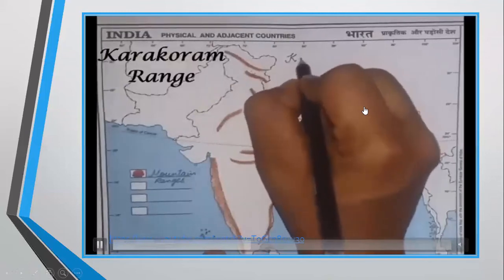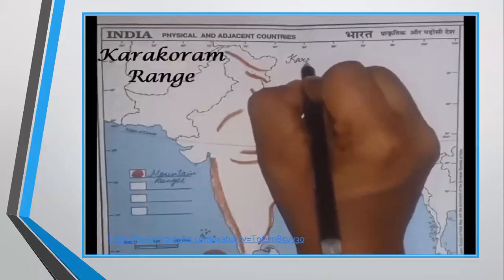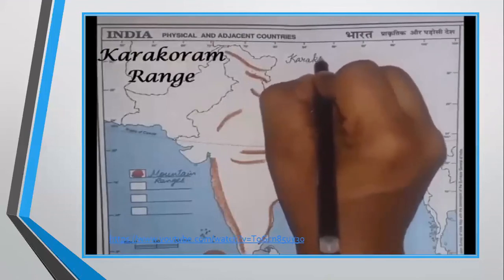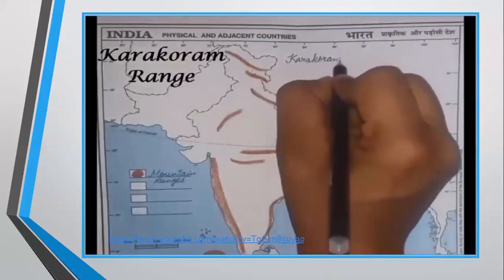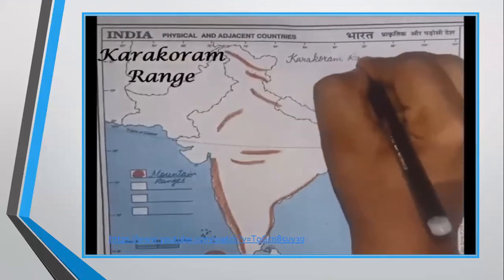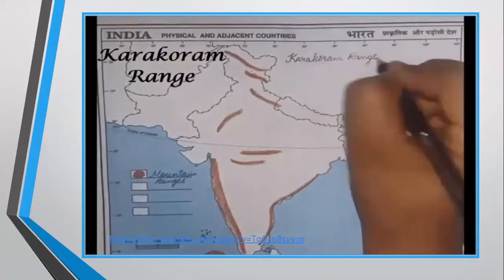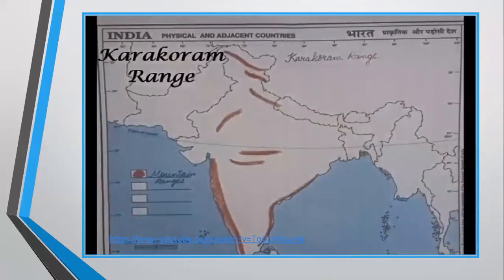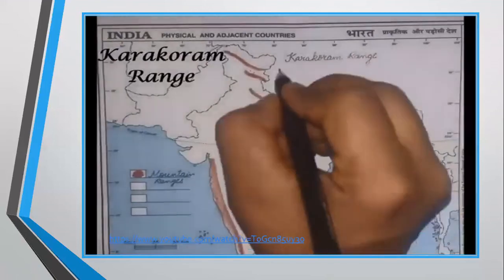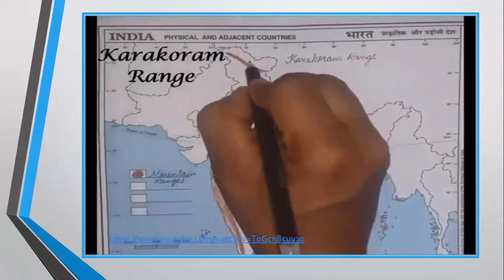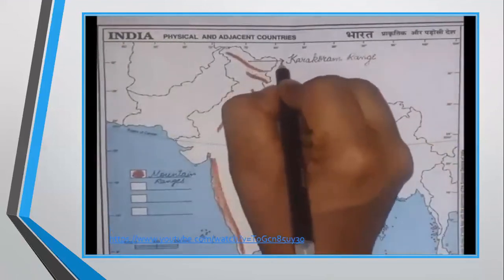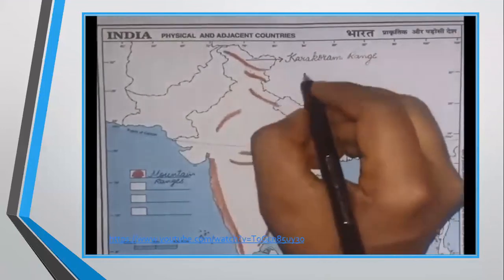Okay, now he's labeling it. You will label with only capitals, huh? No writing. Only capitals. And yes, make it very neat. Very neat arrow was drawn.